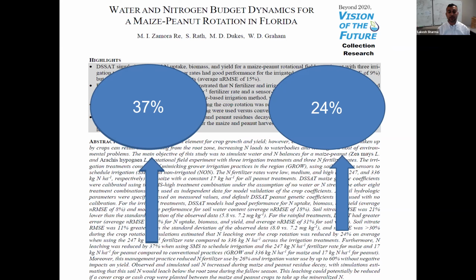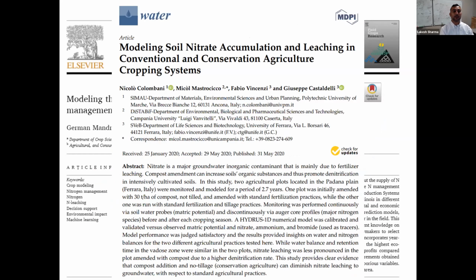We have an ongoing project on that, and we will come up with a recommendation after a few years. There are a few other studies being done in many other places. I'm covering as much as I can, depending on the cultural practices we have in Florida.